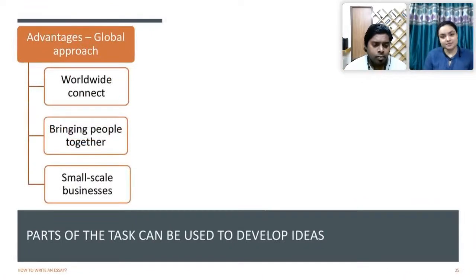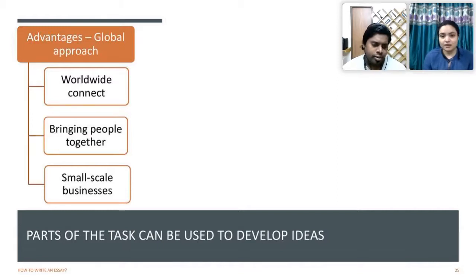Think of advantages. In this case, this plan for one paragraph is the paragraph for advantages. Now, which do you think is the main idea of this paragraph? Advantages or global approach? Global approach.